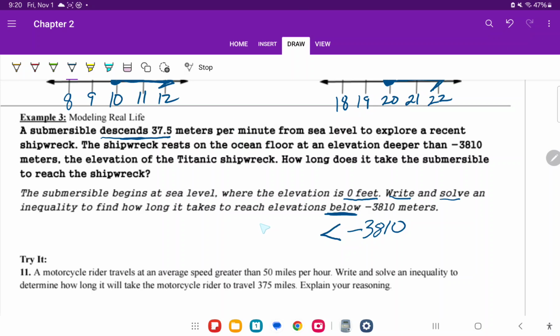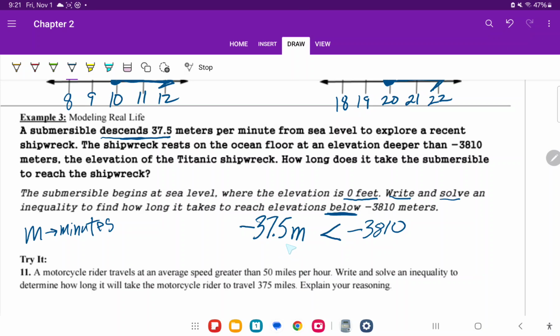So that means descending is a negative value, negative 37.5 meters per minute, okay? So M here is going to stand for minutes, because that's what we're trying to figure out. How many minutes would it take? So it's negative 37.5 times the number of minutes. How long will it take for this to be below negative 3,810?